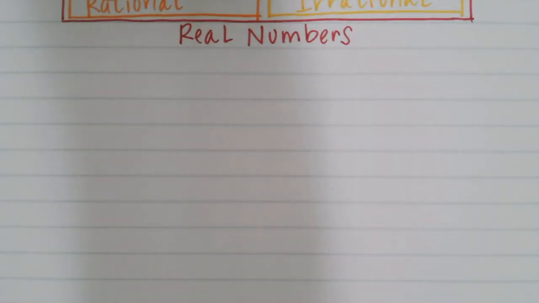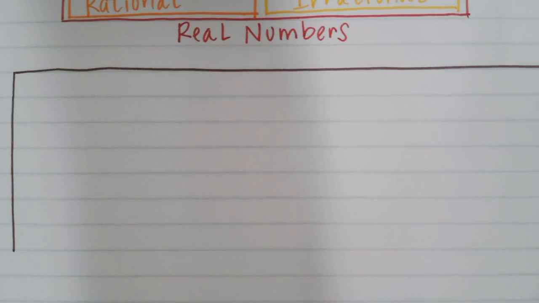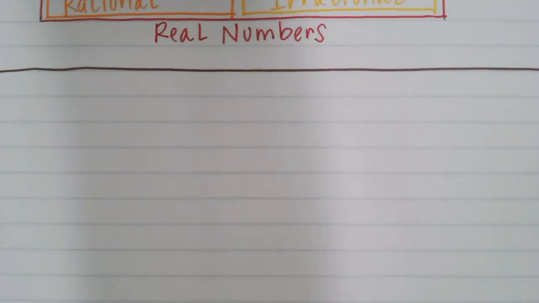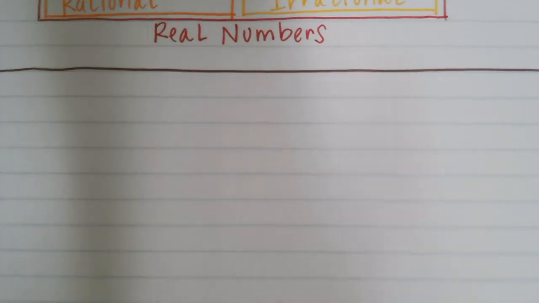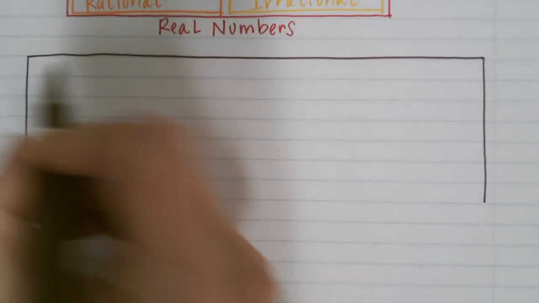All right, so just a couple of examples. So I'm going to come down here and make a little chart. Let's sketch ourselves pretty big. I'm going to go all the way across the paper here. And let me zoom out a little bit so you can see what I'm doing.